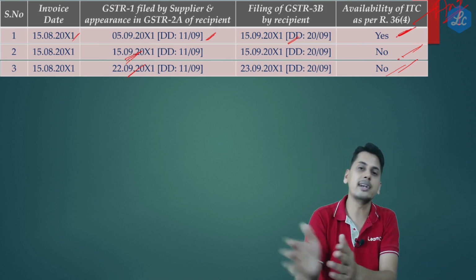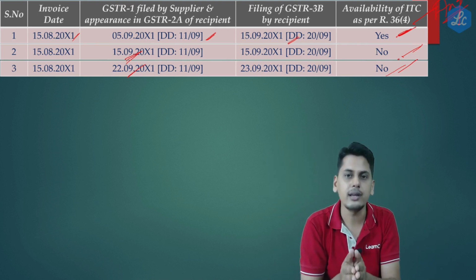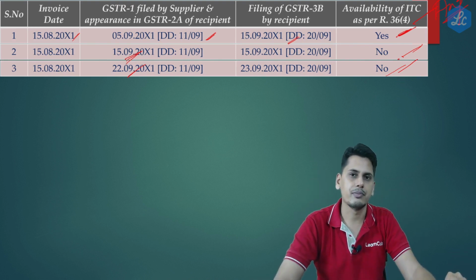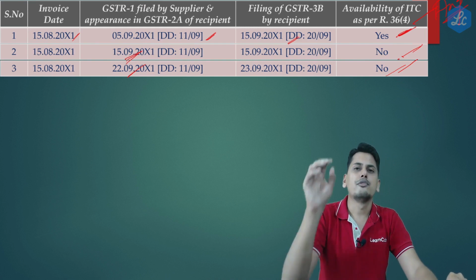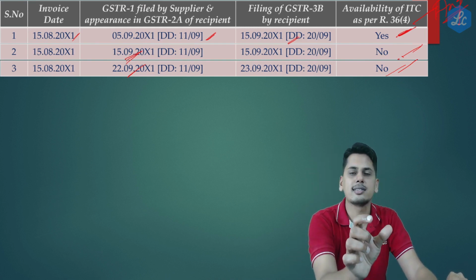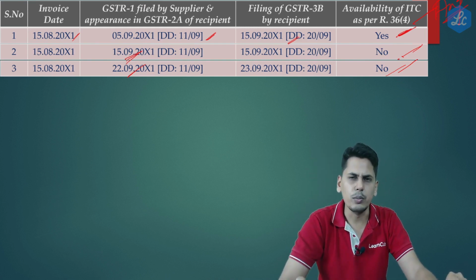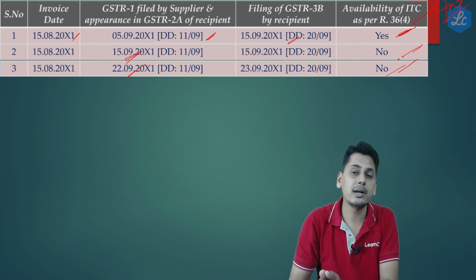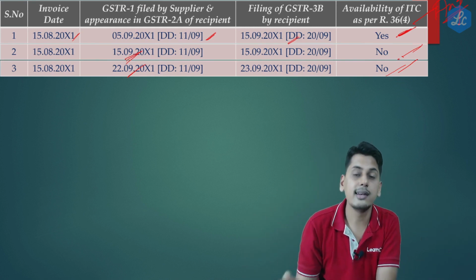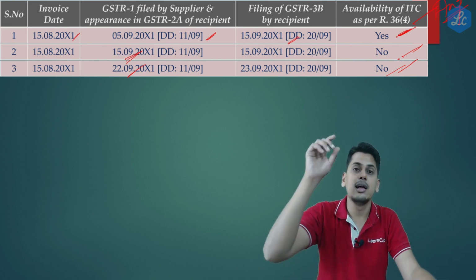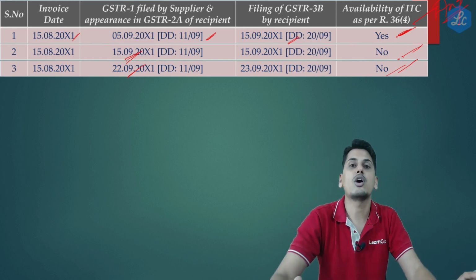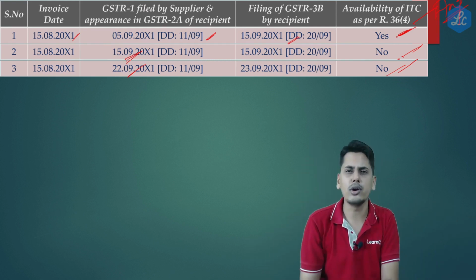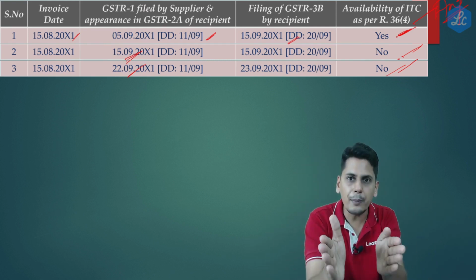105% of eligible credits appearing in my GSTR-2B, subject to a maximum of eligible book credits. And friends, please understand, for a particular tax period, let's say August, if I want to download GSTR-2B, any time I download, today, after a month, after 2 months, it is not a dynamic document, it is a static document. The contents are not going to change because it is frozen for a particular tax period.